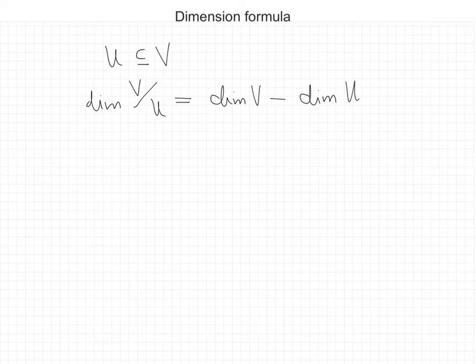Well, how can you do that? We know that if we have a subspace U of a vector space V, we can always find a complementary subspace. How does that work?